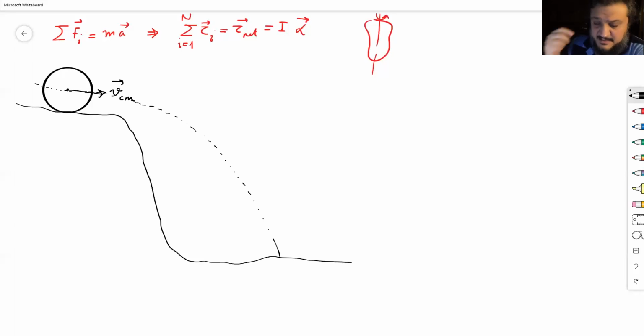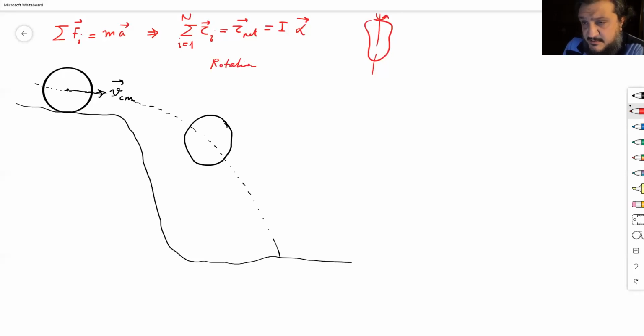While falling like that, it's still also rotating, okay? So we have this motion, which is of two parts, rotation plus translation. By translation, I mean the motion of the center of mass.